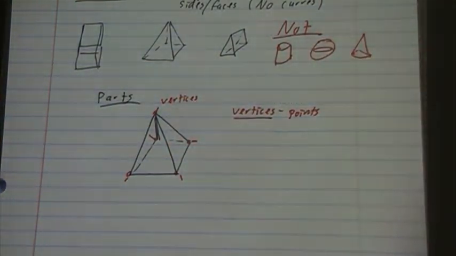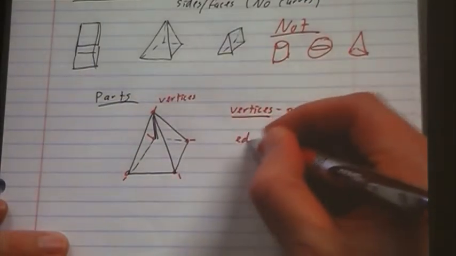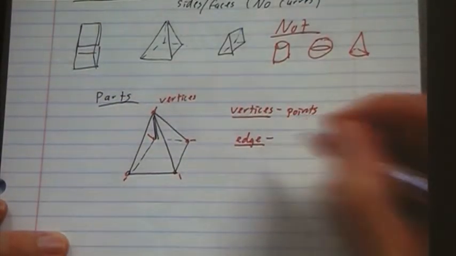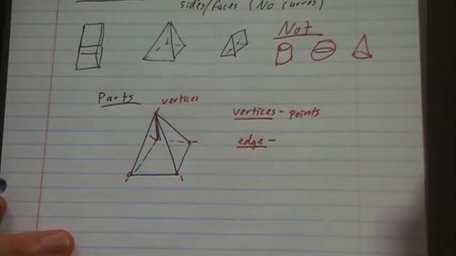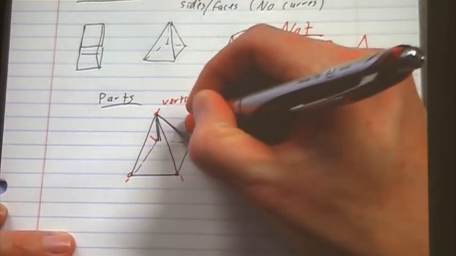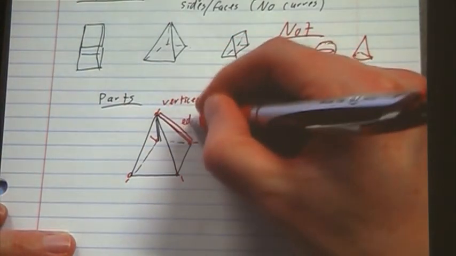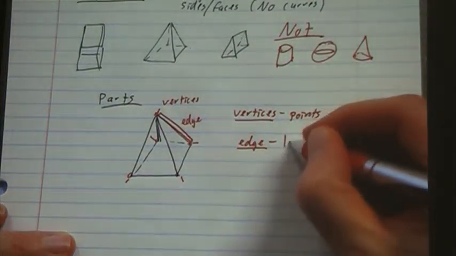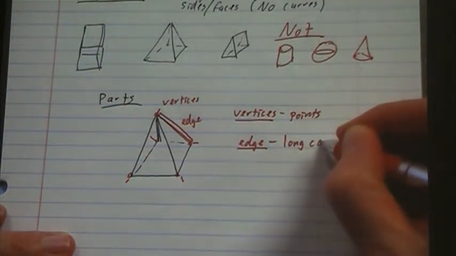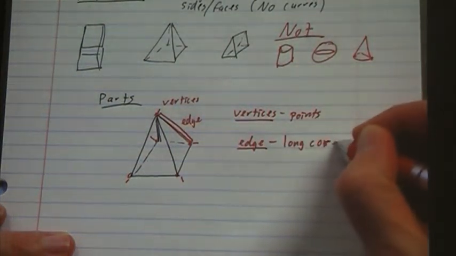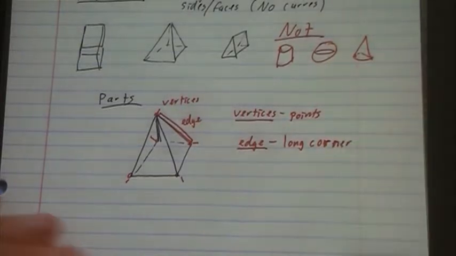We also have an edge. These are like a long corner. Like this is an edge right there. It's where two faces meet.